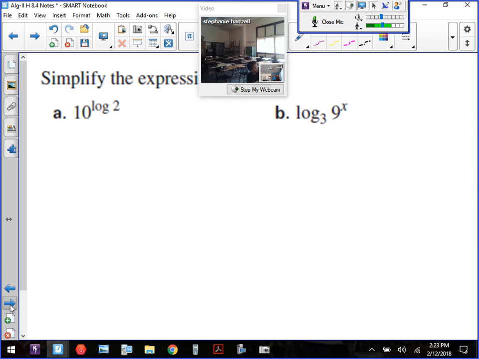10 to the log of 2. What's the base of the logarithm? 10. And why is it 10? Because it just says log, which means it has to be a 10. So 10 to the log of 2 is going to equal 2.